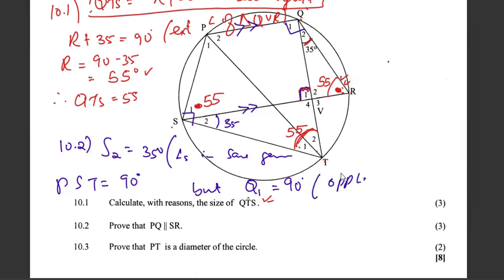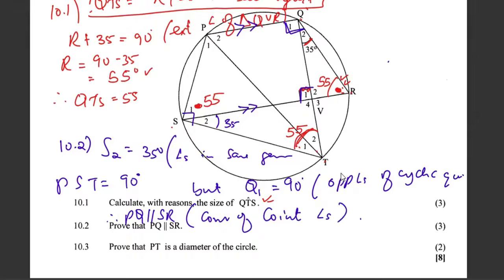So opposite angles of a cyclic quad. Okay, now since this is a 90 and that is also a 90, just the Q1, therefore PQ must be parallel to SR because of the converse of the co-interior angles. So we know that this and that must give us the 180.